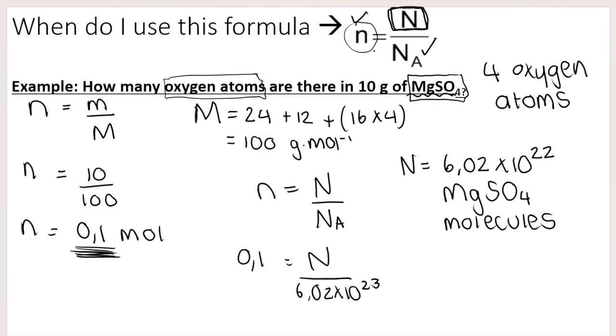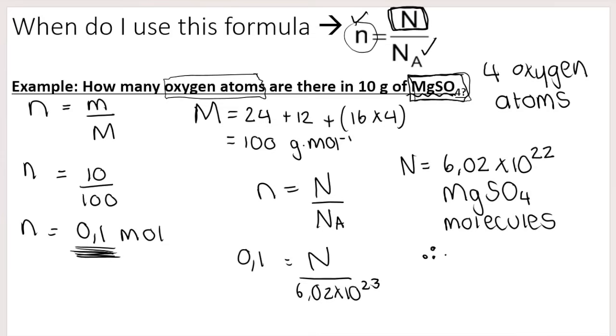Now remember at the beginning of the question, I said that each magnesium sulfate has 4 oxygen atoms. So if I have 2 magnesium sulfates, I'm going to have 8. If I have 10 magnesium sulfates, I'm going to have 40. So basically we multiply the number of magnesium sulfates with our number of oxygen atoms.